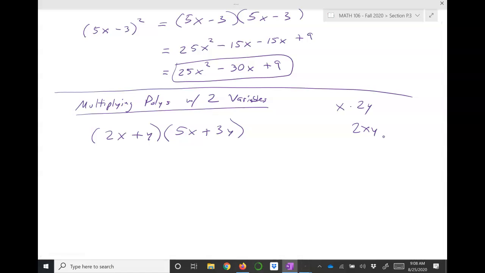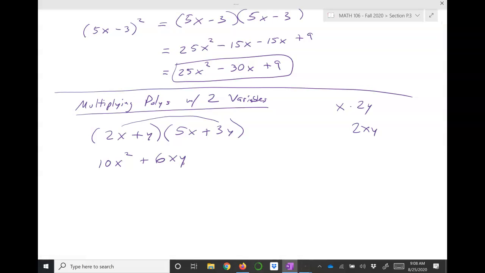You can't increase the degree of any of these variables unless you have both variables when you're multiplying. So in the first term, 2x times 5x, there are both x's there. So that's going to be a 10x squared. Then when we do the outer, it's going to be 2x times 3y. So you could still multiply the coefficients and get plus 6, but then you can't do anything else with the xy's but just leave them as products next to each other.